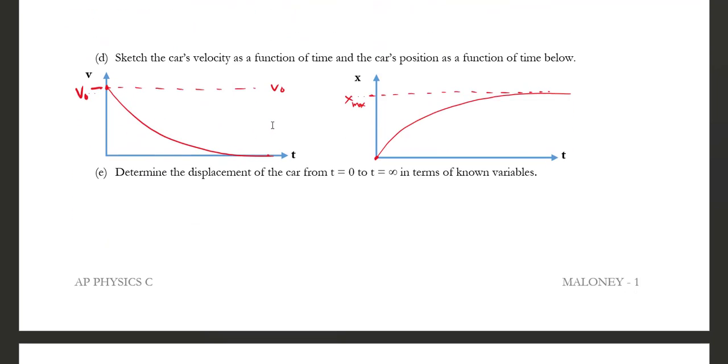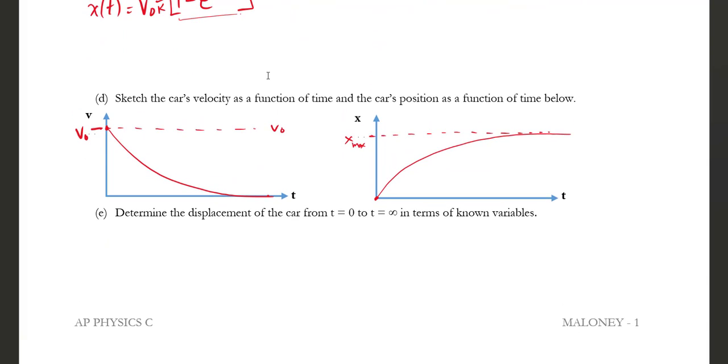And the last part we actually already did. It says determine the displacement of the car from t equals 0 to t equals infinity. Well, we just kind of did that. You can do that fully. So again, we have our position as a function of time, and we want our position at infinity. Our position as a function of time is v naught m over k times 1 minus e to the negative k over m t.